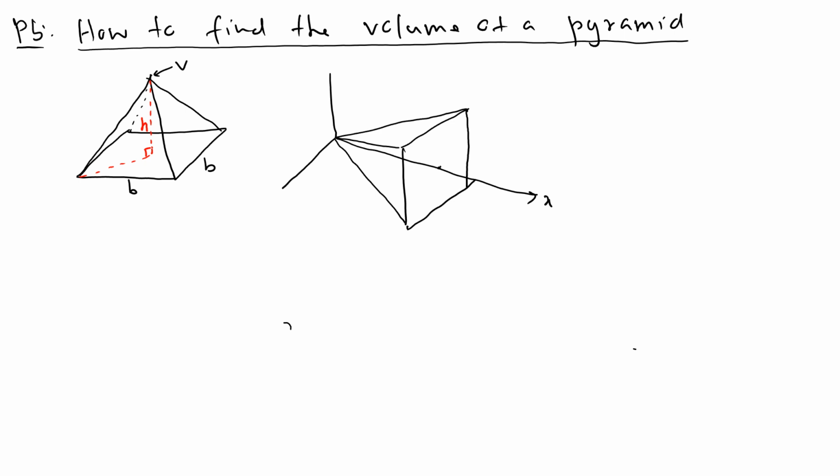That means the other side goes like that. This side you cannot see, so that's why we draw it using a dotted line. Good. So that's the pyramid.